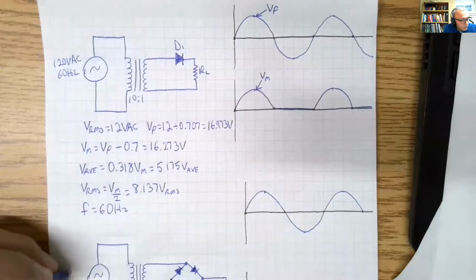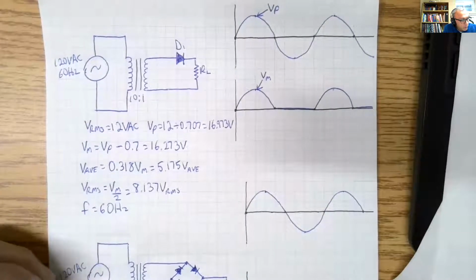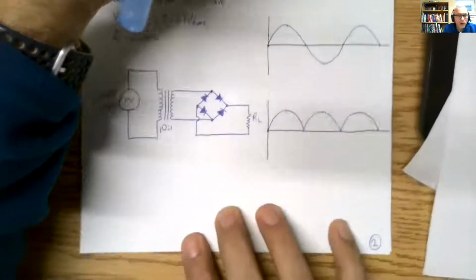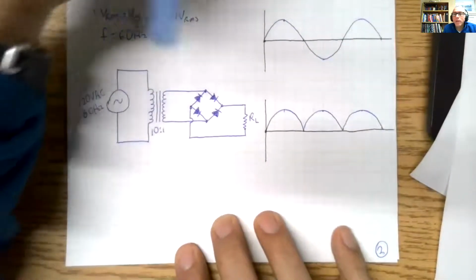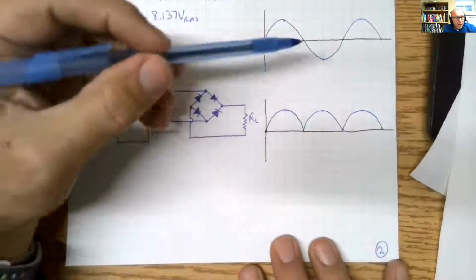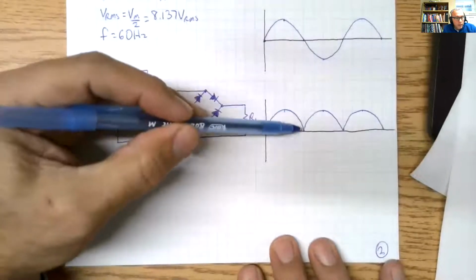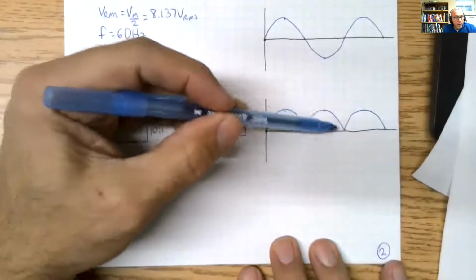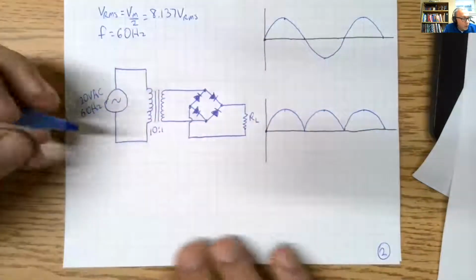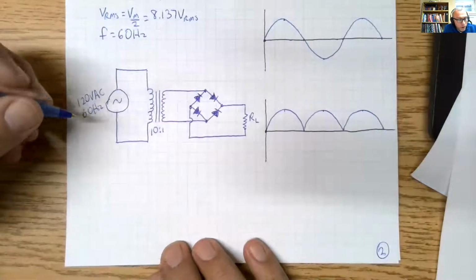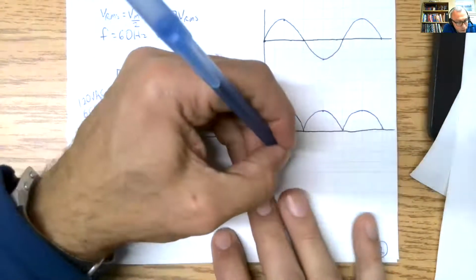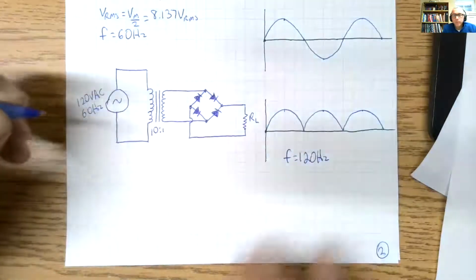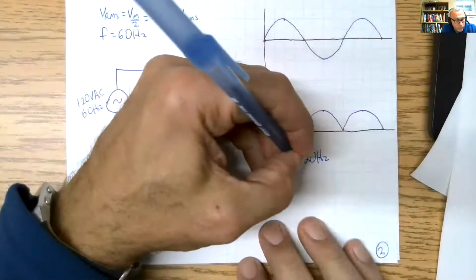Now, for a full wave rectified signal, it is now doing this cycle over half the time. So now our frequency of a full wave rectified signal is now 120 hertz.